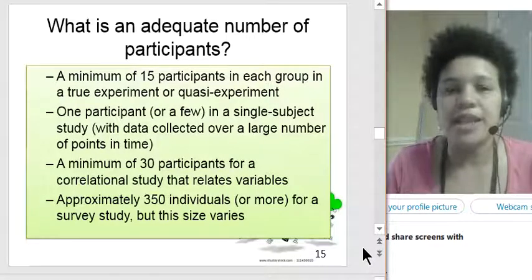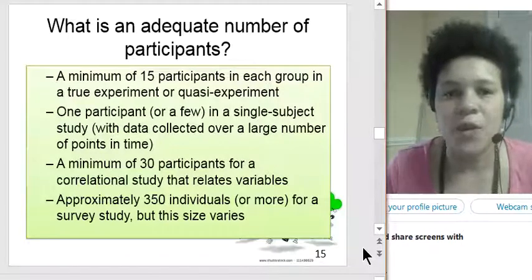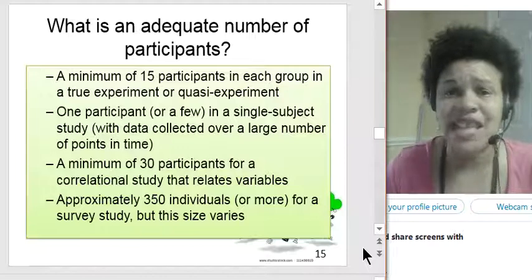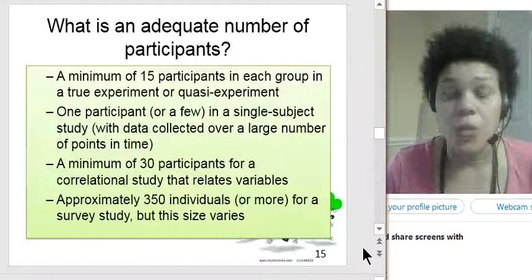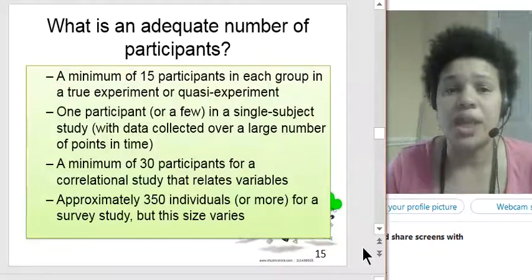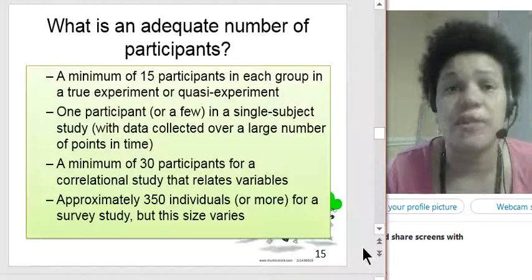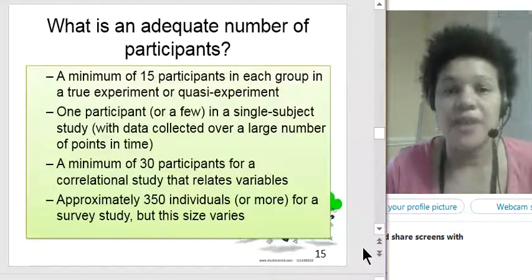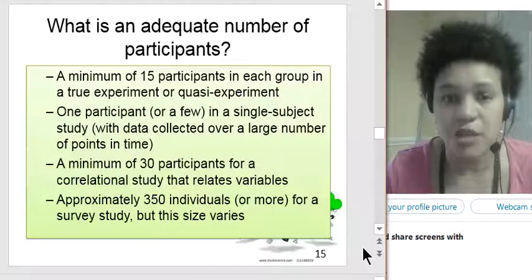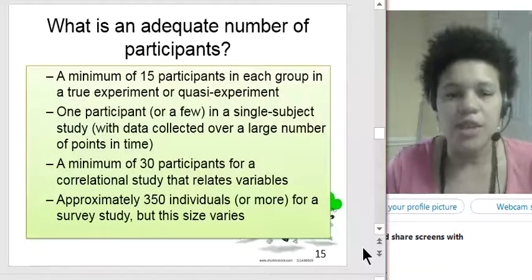I was studying all teachers in the United States, which is a large population, but the effects that I was looking for related to job satisfaction, for example, were rather small, and related to relationships between how they rated their principals and their colleagues and their students and their job satisfaction. These effects tend to be small, so I needed several hundred individuals in my study. You see what I'm saying? Okay.